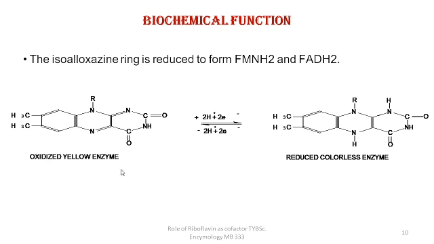The oxidized forms are yellow in color, whereas the reduced forms are colorless. In between, there is one more step where a semi-reduced form is formed. Both hydrogen atoms don't bind together. Sometimes one hydrogen binds first, forms a semi-reduced form, and then the second one binds to completely reduce the coenzyme form.